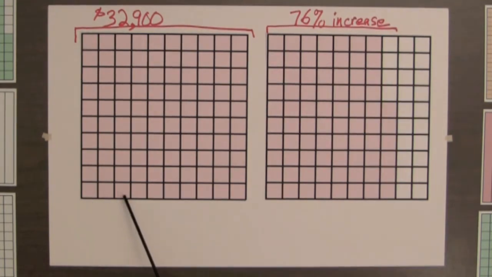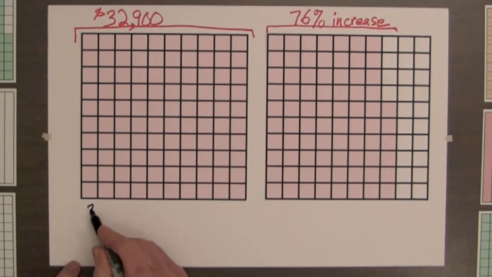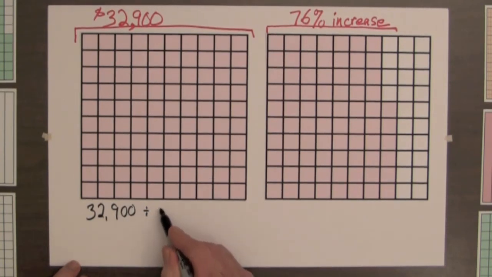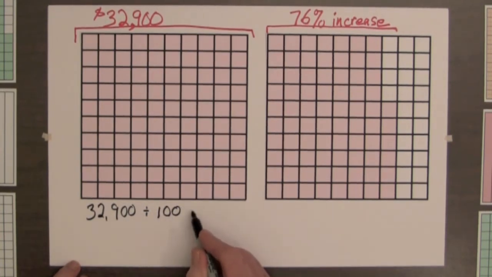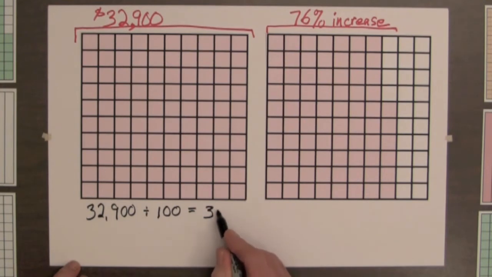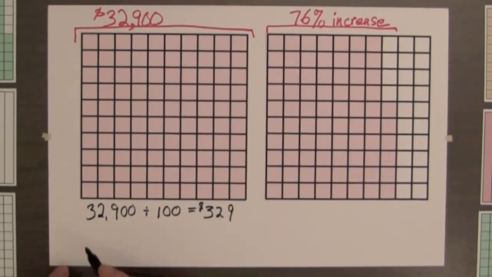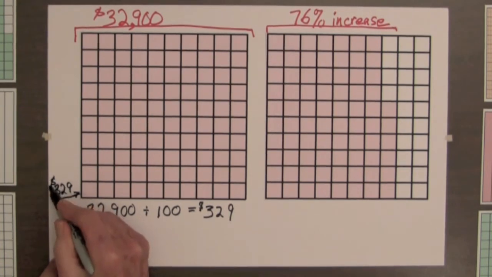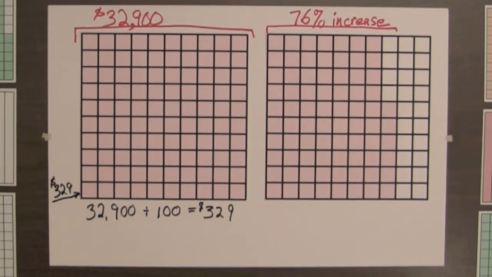We obtain the value for each small square, 1%, by computing 32,900 divided by 100 equals $329. And we label one square $329.